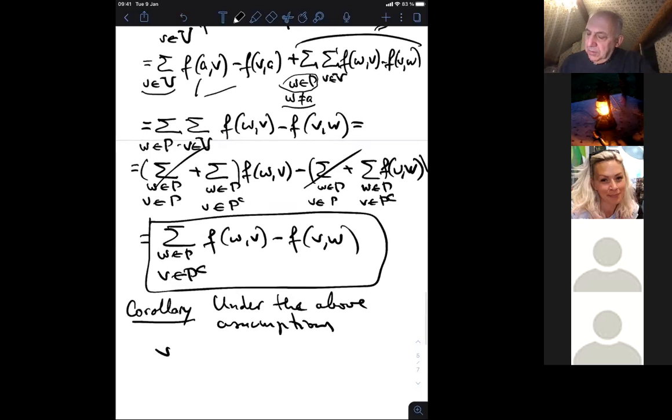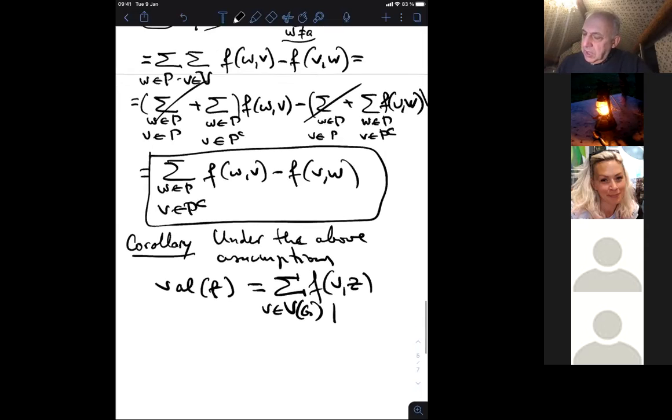The value of the flow equals the total inflow to the sink. So this is the incoming flow to the sink.